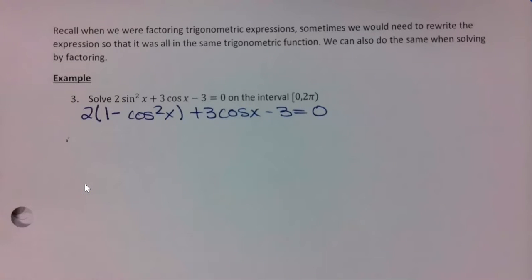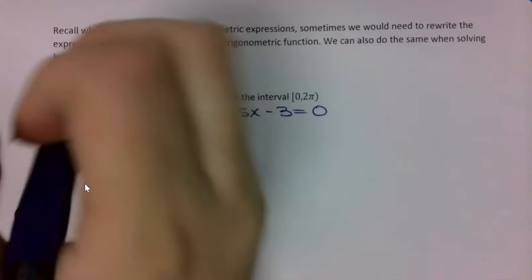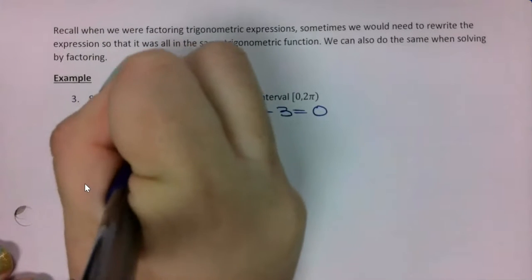You always change whatever's squared, so it could be like a cosine squared that you change. And then I want to distribute this too, so it's going to go to both that 1 and the cosine. So then it's going to turn into negative cosine squared x.